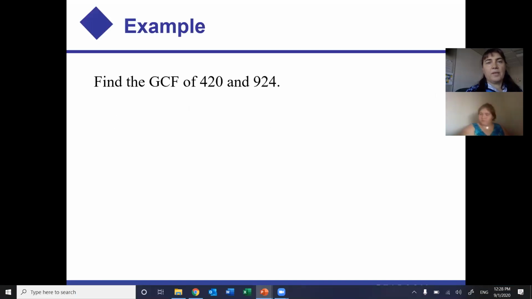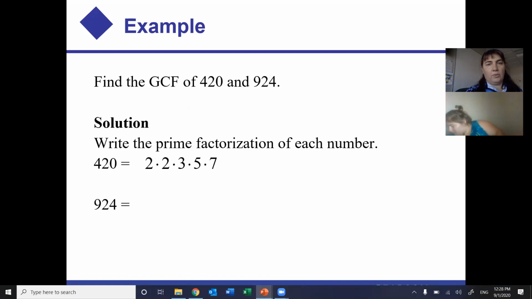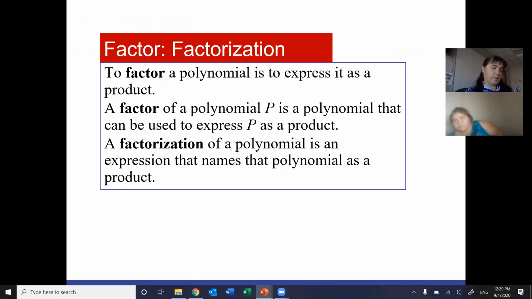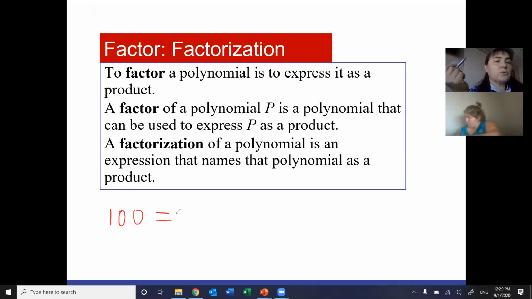So factoring, what is factoring? I'm going to explain what factoring is in a second. Where is the annotation? Okay, here is the definition. So let's take the number 100. I want to factorize 100.